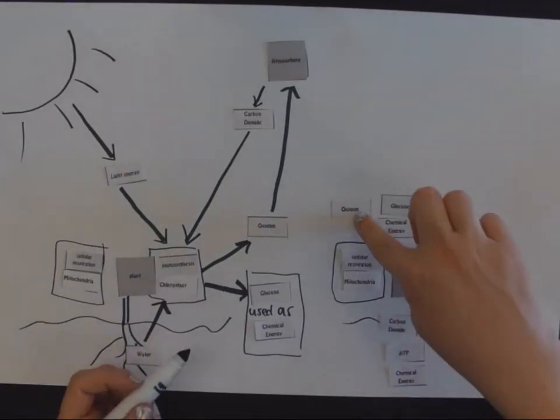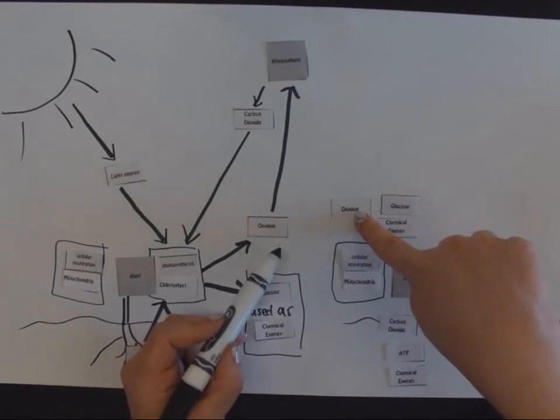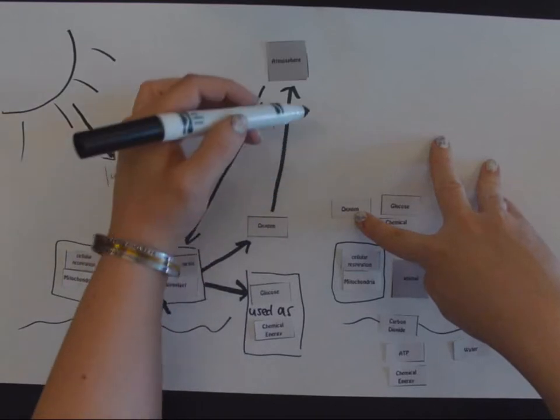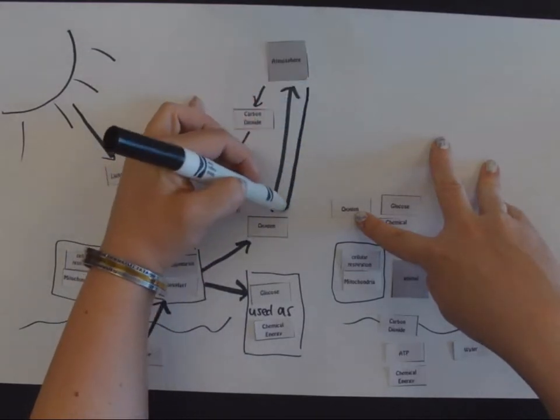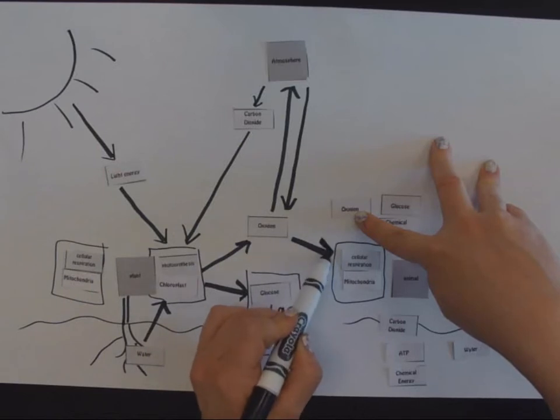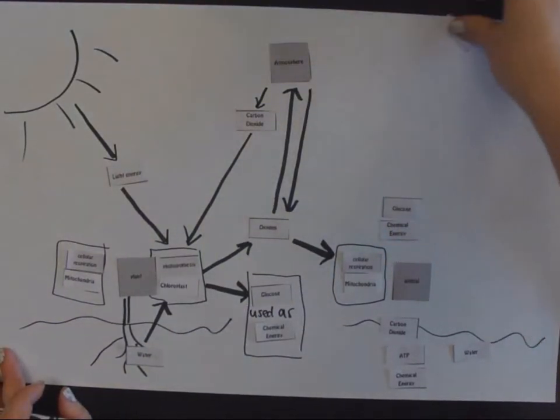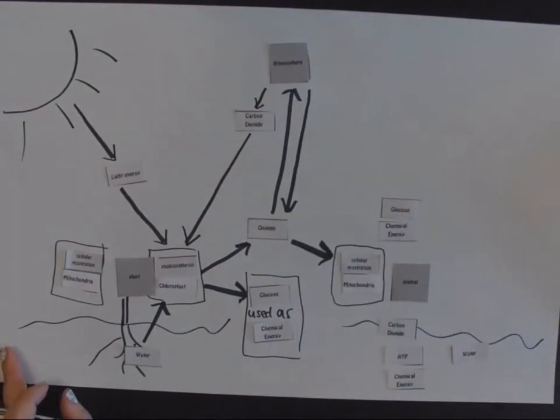But where does the animal get its inputs for cellular respiration from? Well, I know oxygen is an input, and I know that photosynthesis makes oxygen. So I take the oxygen back from the atmosphere that I just made, and it goes into cellular respiration. So now I don't need this piece because I already have it modeled in my poster.